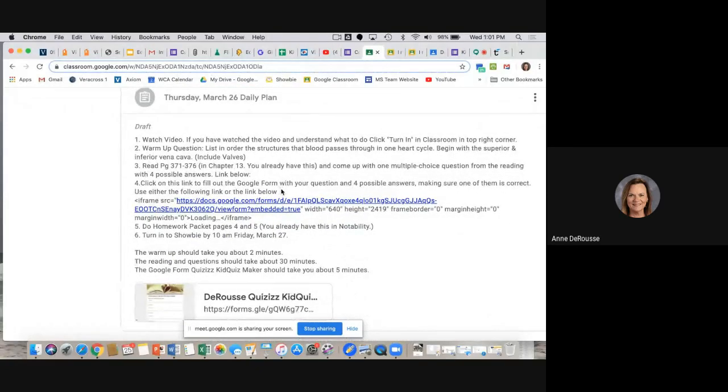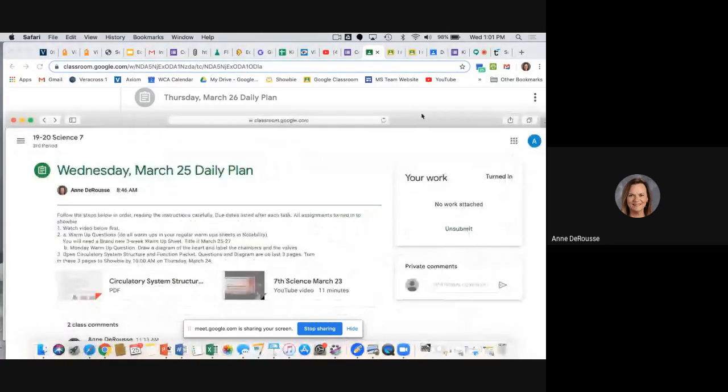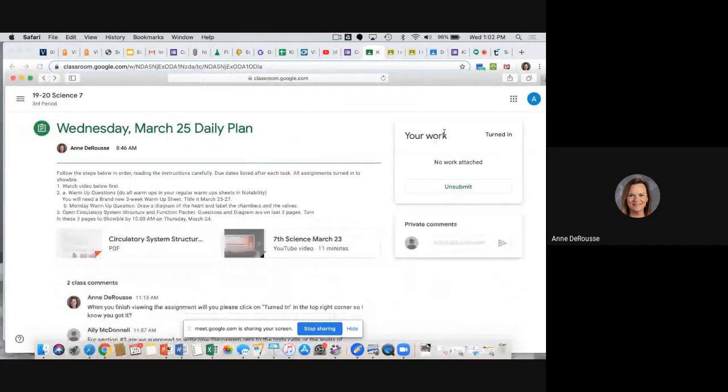If you watch it and you understand it, would you go ahead and right here where it says your work and then it has a place for you to click turned in, would you just go ahead and once you watch it, click turned in, because that allows me to go to Google Classroom and make sure everybody saw it and everybody's good to go.